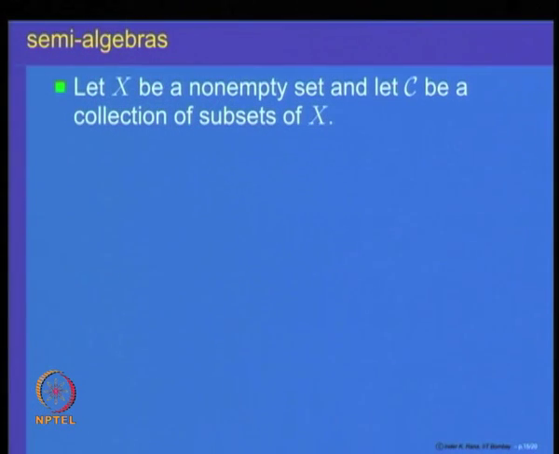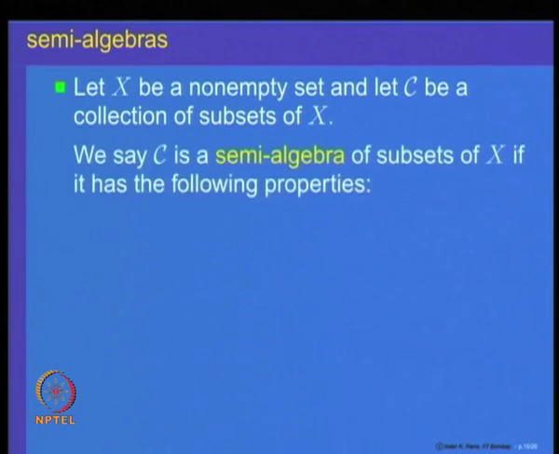So, let us start with what is called a semi-algebra of subsets of a set X. Let X be a non-empty set, and let C be a collection of subsets of X. We say that the class C is a semi-algebra of subsets of X if it has the following properties.